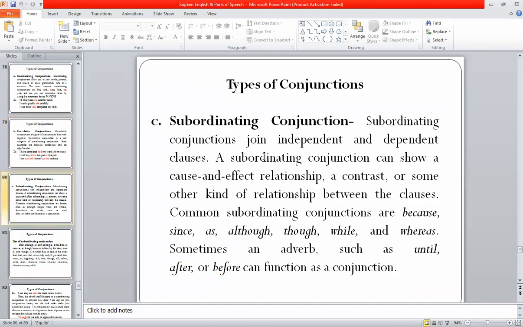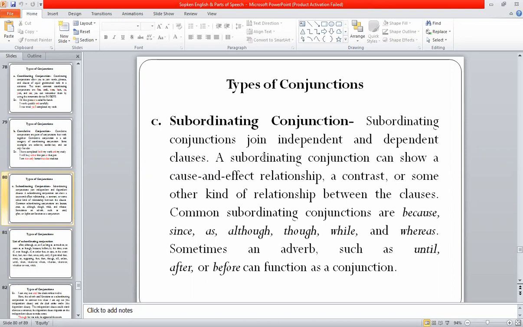Then the third type, we have seen the subordinating conjunctions. So what are subordinating conjunctions? Subordinating conjunctions are used to join an independent and a dependent clause. There are two clauses in a sentence: one of them is the dependent or subordinate clause, and one of them is the independent or main clause.